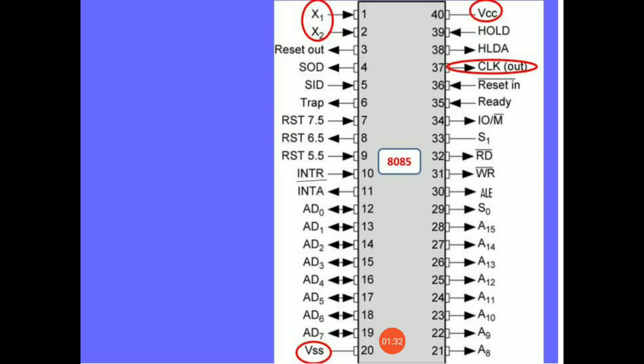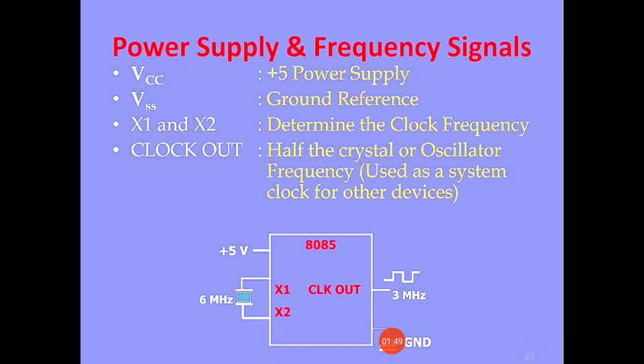So here in this 40 pin 8085 microprocessor diagram, I have marked the power supply and frequency signal pins, that is X1, X2, VCC, clock out and VSS. Start with VCC: what do we apply in this pin?